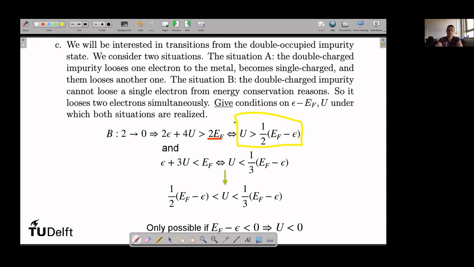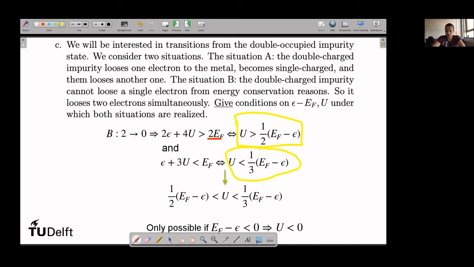But we also need to make sure that it is not possible to have a single electron at the impurity. So that means that the energy difference between having 2 electrons and 1 electron at the impurity is smaller this time than the Fermi level, such that it's not possible to have this transition. And from this transition, here in yellow, we obtain our second condition for the interaction energy.